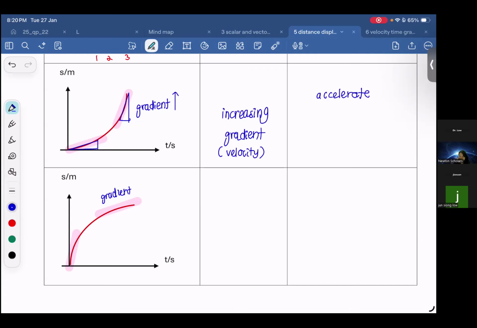Decrease, yes, correct. Both of you correct. So this one is decreasing gradient. As I told you, gradient represents your velocity. That means right now for this graph, decreasing gradient, decreasing velocity. So the motion is deceleration. Okay, write it down, deceleration.